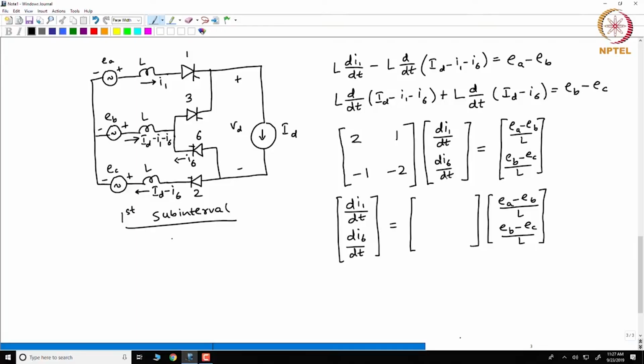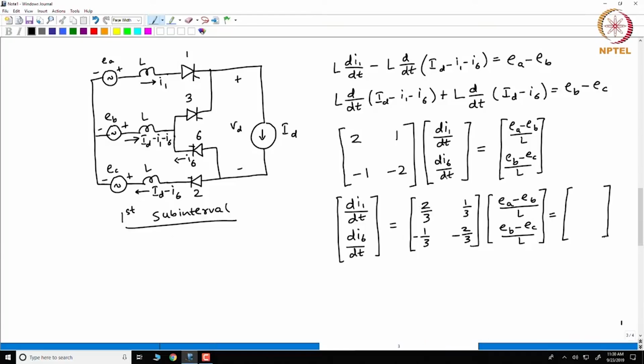What is the inverse of this? 1 by 3 into the matrix with 2, minus 1, 1, 2. So it is 2EA minus 2EB plus EB minus EC, that is EA by L. Similarly, what is the second term? Minus EA plus EB minus 2EB plus 2EC.